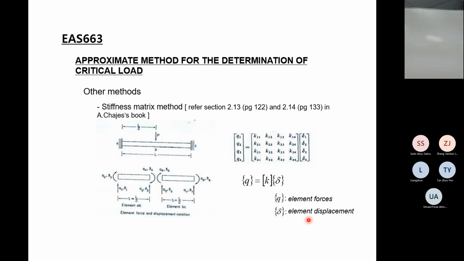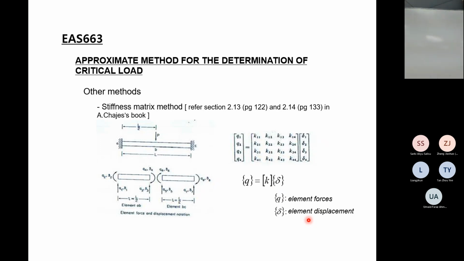Section 2.13 talks in general about solving a problem like this. This is not a problem subjected to axial force; there is no axial force applied in this case. Section 2.13 talks in general about the method itself, which we can apply to solve a flexural problem.